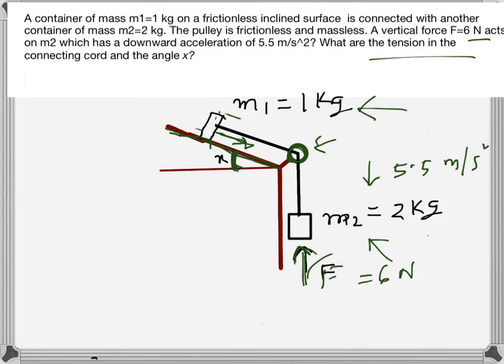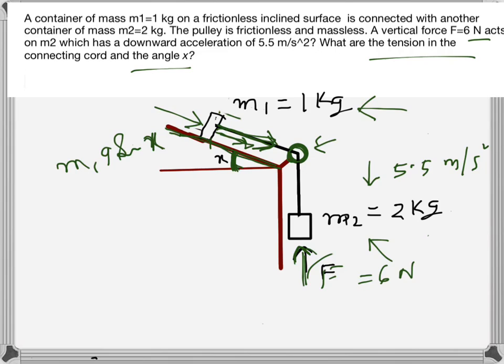To find the second part, which is the angle x here, we know that the component of weight force in this direction is, the component of weight force for M1 will be, since the angle is x, we have done it before, this component will be M1G sine x. That is this component.